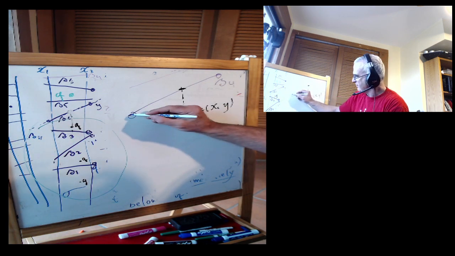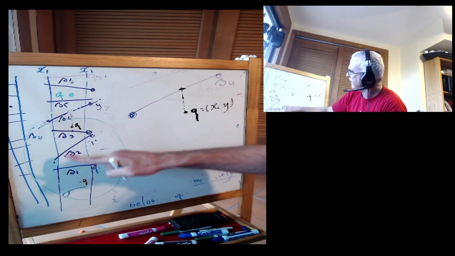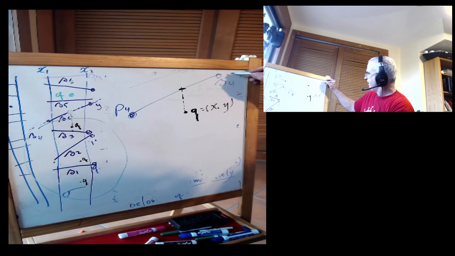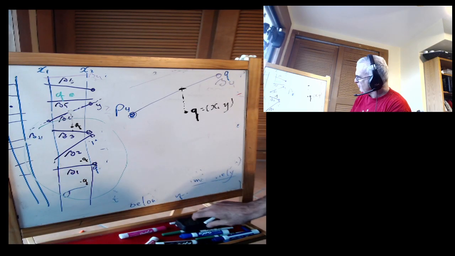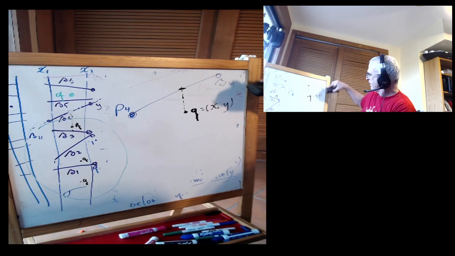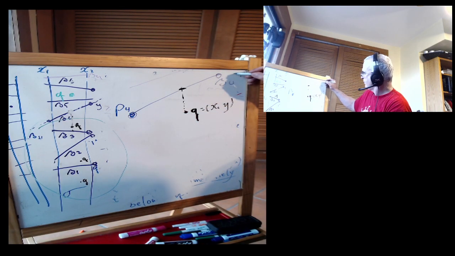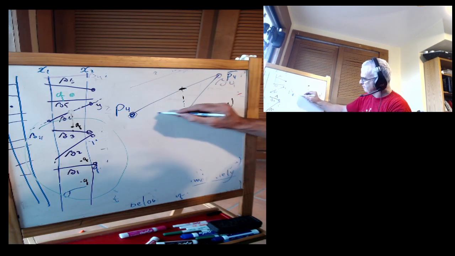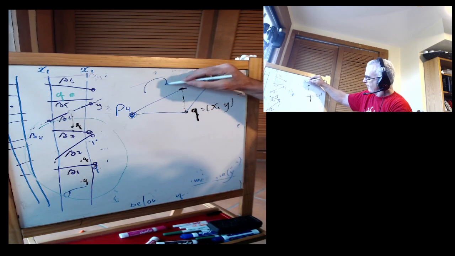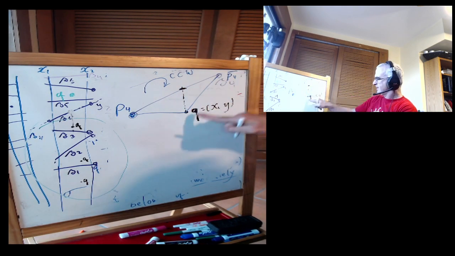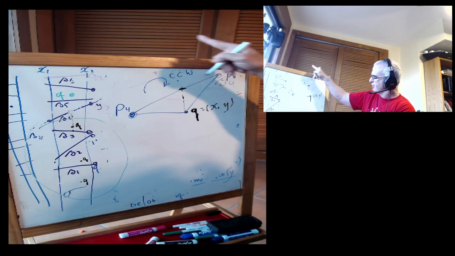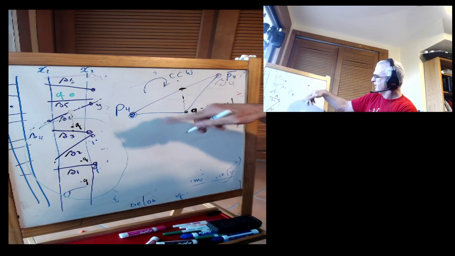If I'm going from the left point of the segment, let's call it P4 because I'm in segment S4, to P4 bar, and then to Q, am I going counterclockwise, which means that Q is below the segment, or, if Q is above the segment, would you have gone clockwise? I think that as usual I'm making it the other way around.